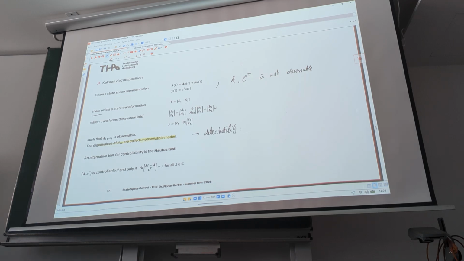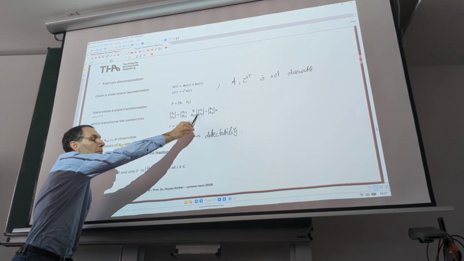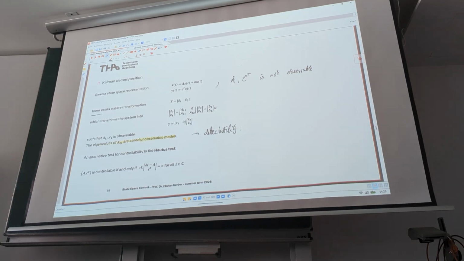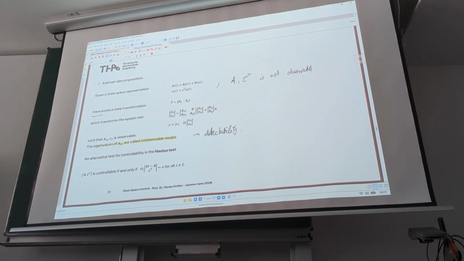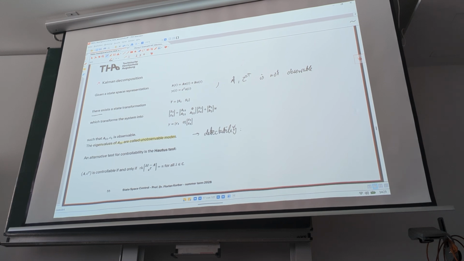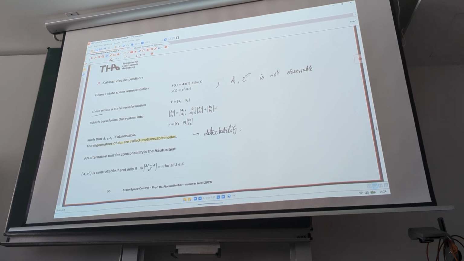Detectability means that the part of the states that we do not observe should at least be stable, because we cannot see if this blows up. It cannot be seen from the output, but we want to make sure that this part is stable so that we don't have internal states that blow up while we do not see them.